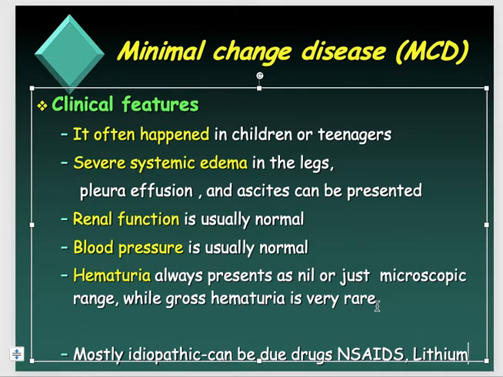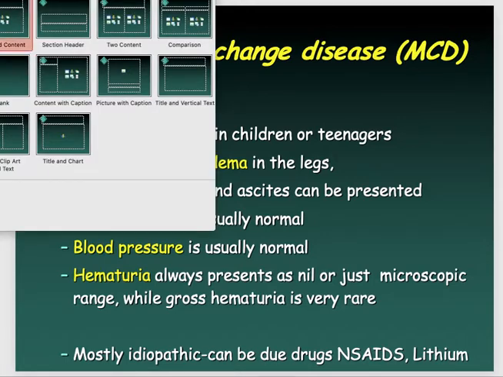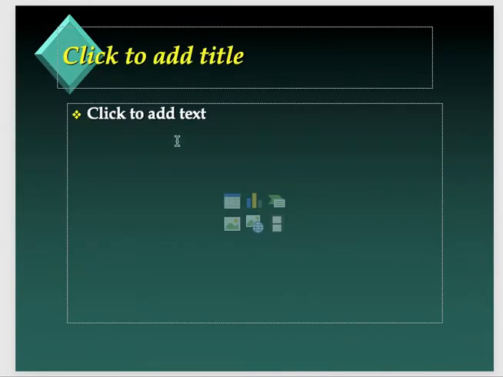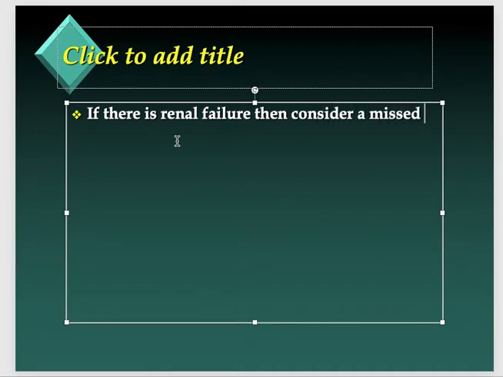Rather, clinically they say, very important point by the way, I think it's such an important point that I can write it over here: if there is renal failure, then consider a missed focal segmental glomerulosclerosis.